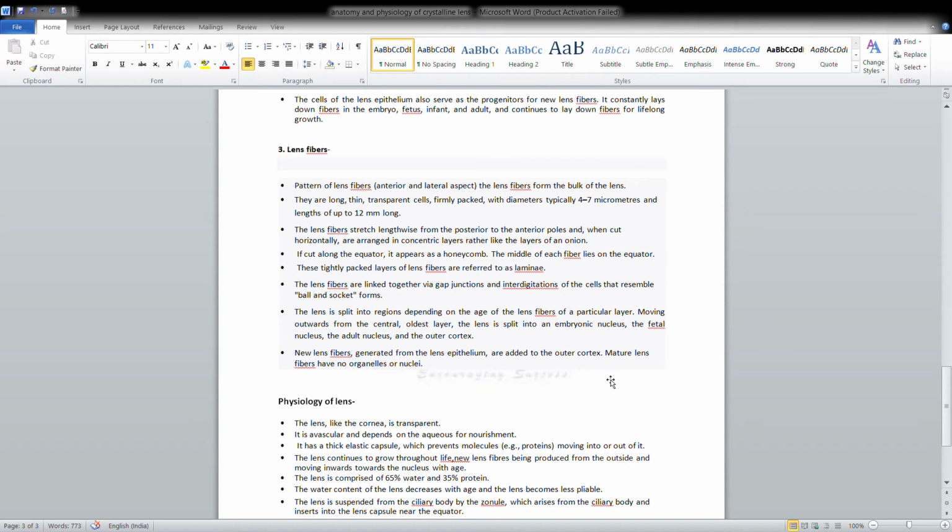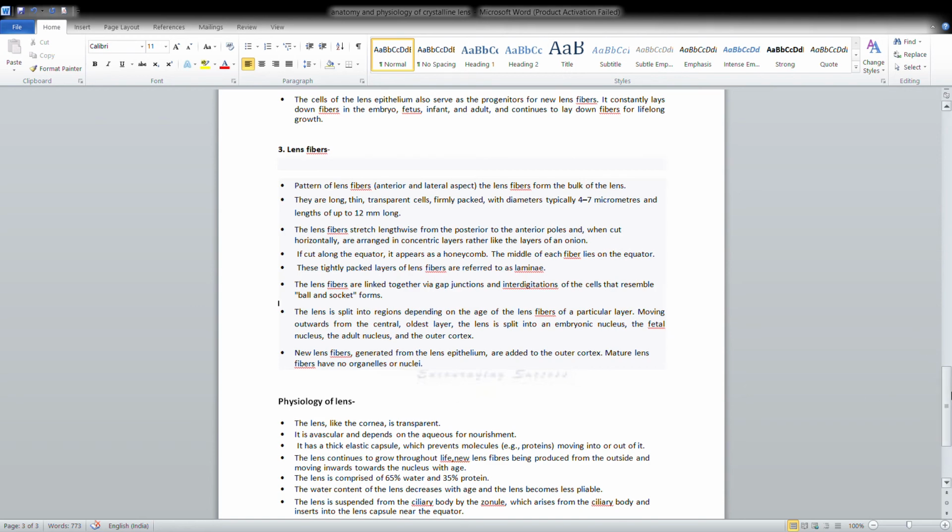Moving outward from the central oldest layer, the lens is split into an embryonic nucleus, a fetal nucleus, an adult nucleus, and the outer cortex. New lens fibers generated from the lens epithelium are added to the outer cortex. Mature lens fibers have no organelles or nuclei.